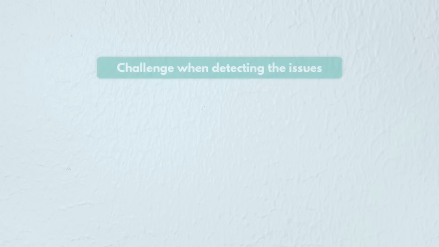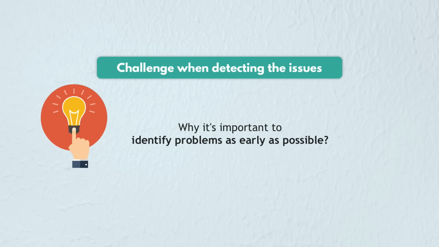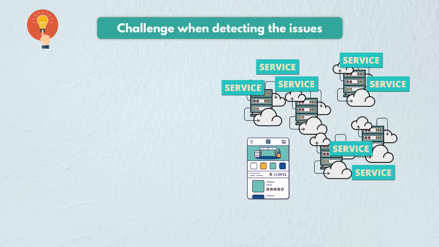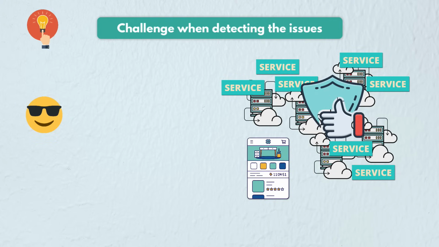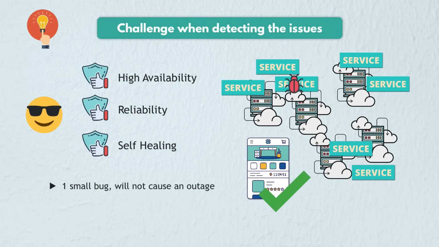Now, there is one challenge about detecting the issues that you may not think about immediately, and one reason why it's important to prevent issues or identify them as early as possible. In practice, when the system is configured properly, you usually have multiple mechanisms for high availability, reliability, self-healing, etc. So one small bug in such systems will not cause an outage because you have protection mechanisms for that.